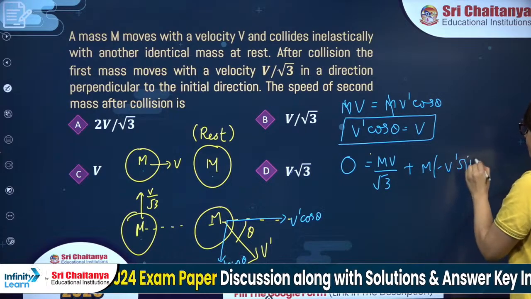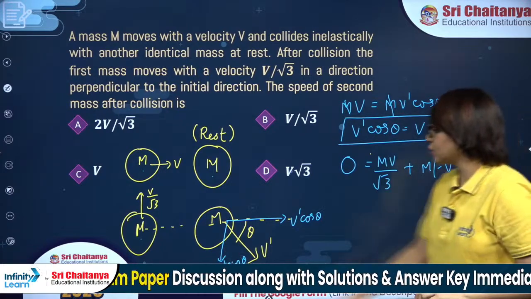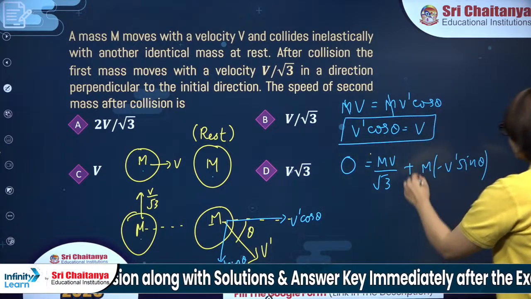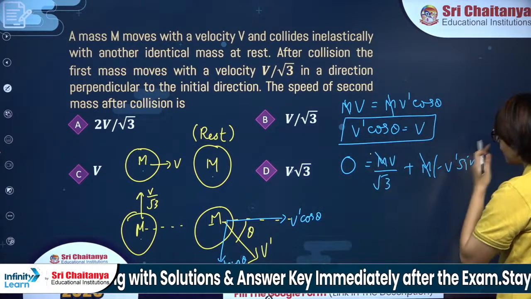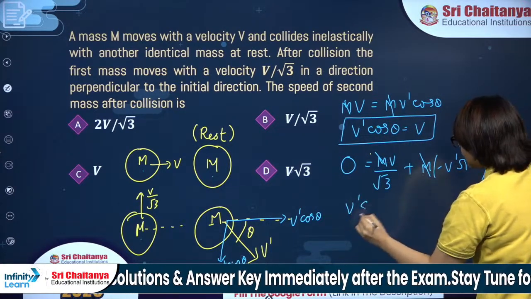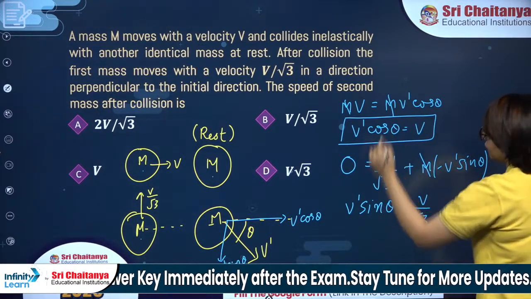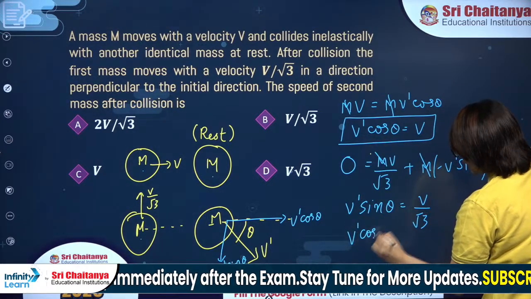Why minus? Because v by root 3 and v dash sin theta are anti-parallel. So m cancels, and we have v dash sin theta as v by root 3 and v dash cos theta as v.